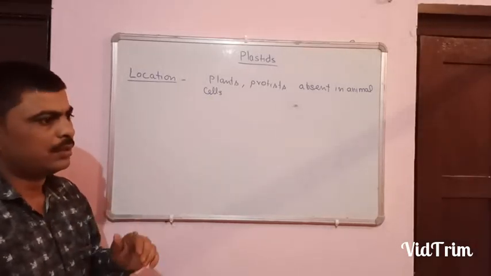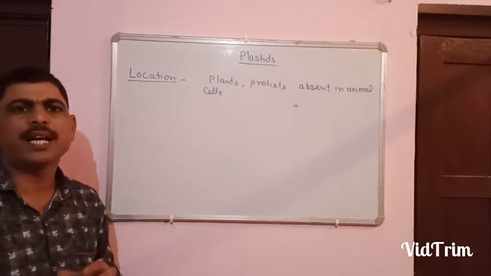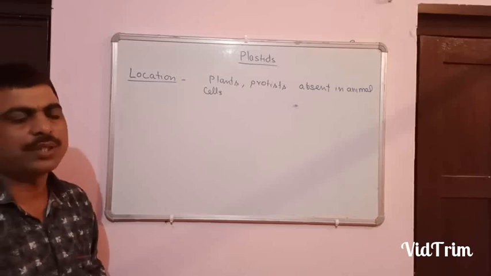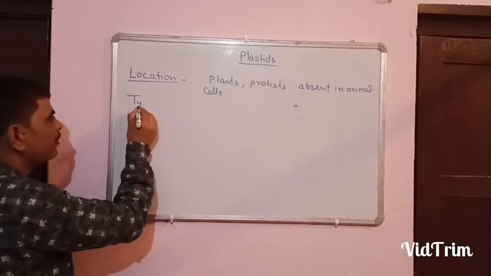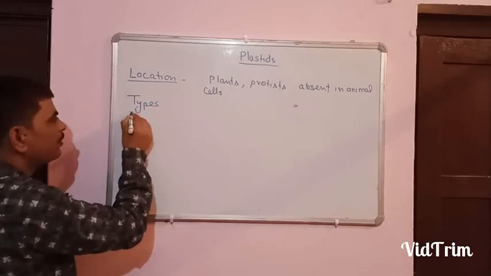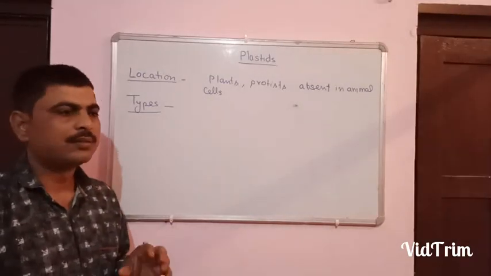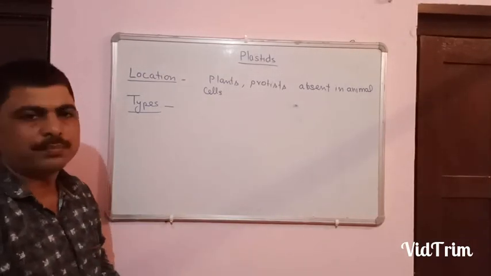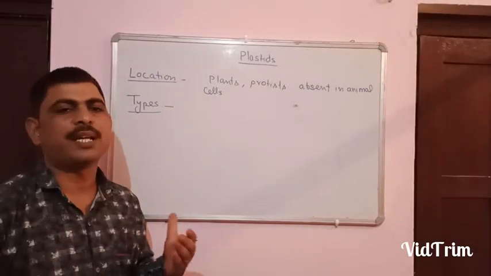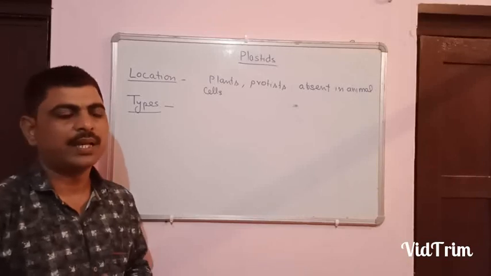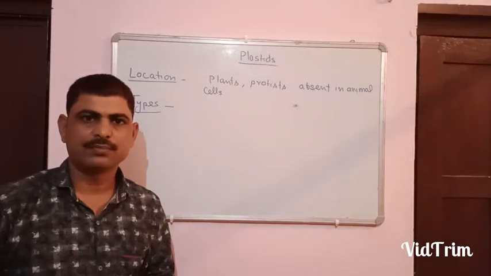Now, what are their types? There are different types, so we have to know their types. Dear students, plastids have a variety of types and a wide range of function and structure in plants.